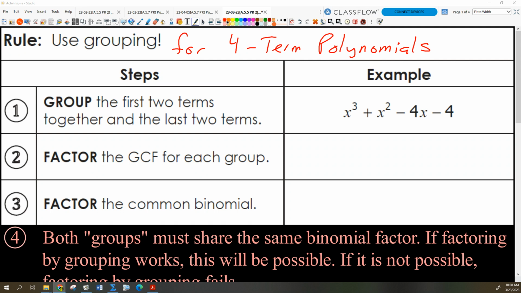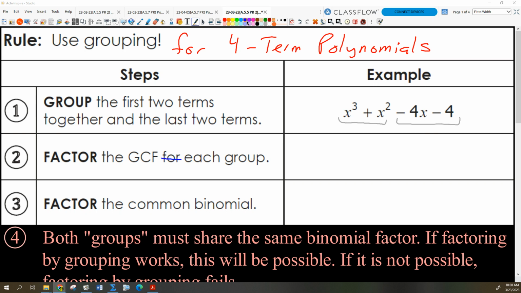Okay, so first of all, if you've got four-term polynomials, we're going to group these into two groups of two terms. We're going to take the first two terms and put those together in one group, and we're going to take the second two terms and put those together into the second group. Okay. What do we do then? Well, we're going to focus on the first group, right?